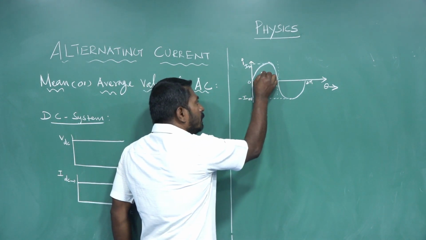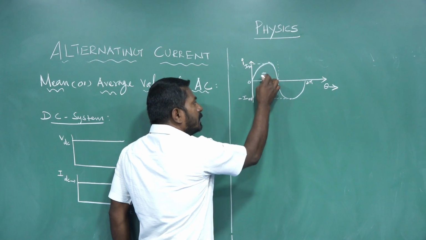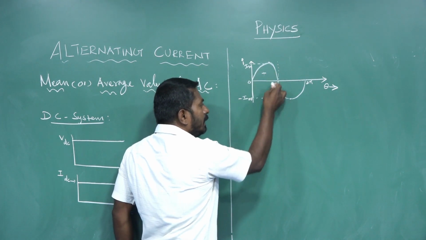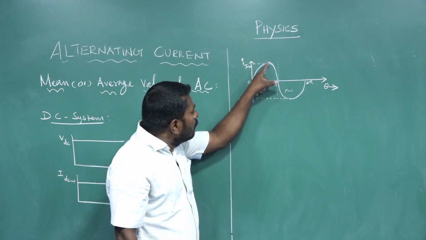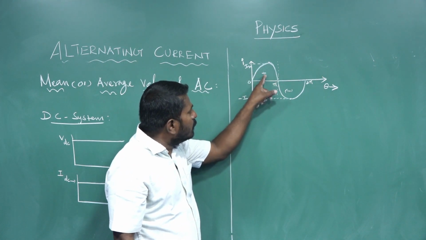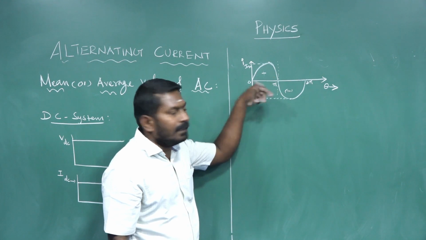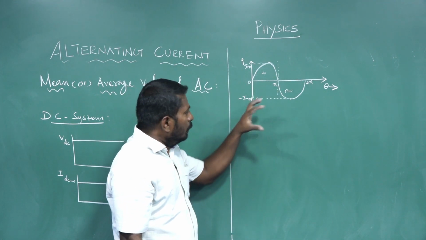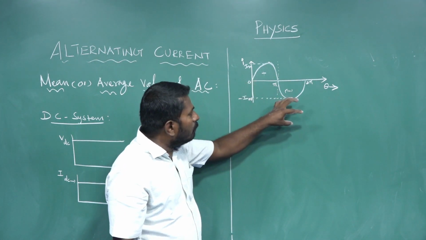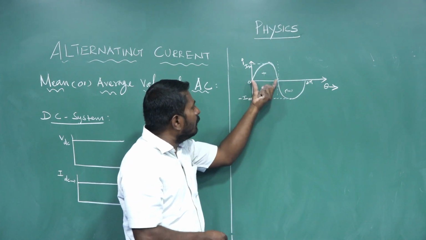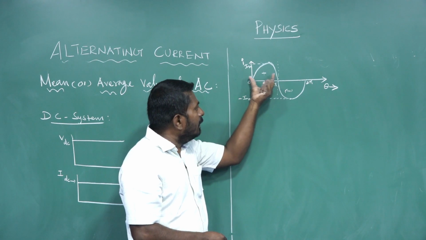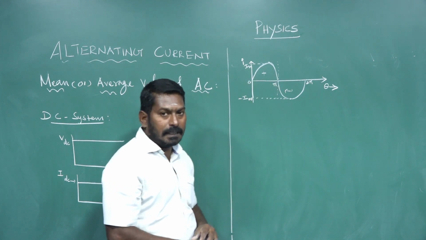In the positive half cycle all current is positive. In the negative half cycle all current is negative. Over one half cycle, either positive or negative, take the average value. If you take the complete waveform, the average value of alternating current is 0. The mean or average value is taken over one half cycle, either positive half cycle or negative half cycle.